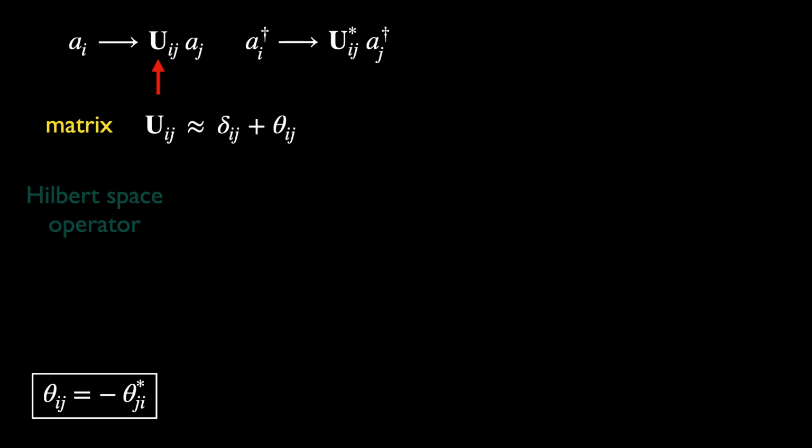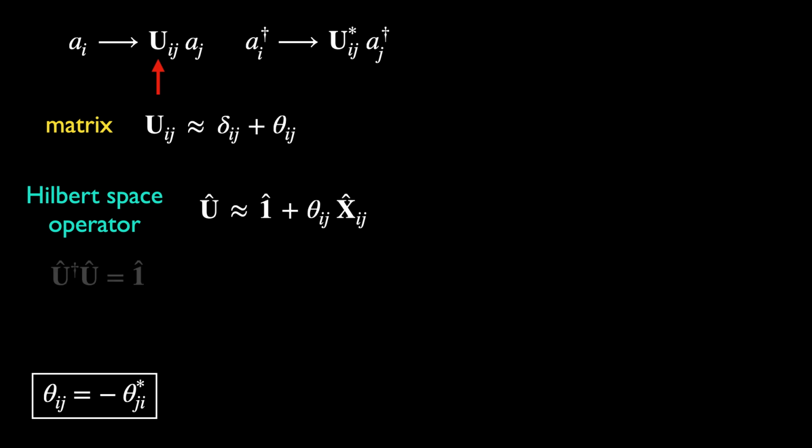Let's promote this to a unitary operator in Hilbert space. Each of these parameters theta will be associated with a Hilbert space operator X hat. These operators will implement the transformations of quantum states. The unitary condition means that this deviation from the identity operator is also an anti-Hermitian operator. What are the implications of this on the operators X hat? Let's take the Hermitian conjugate of this.